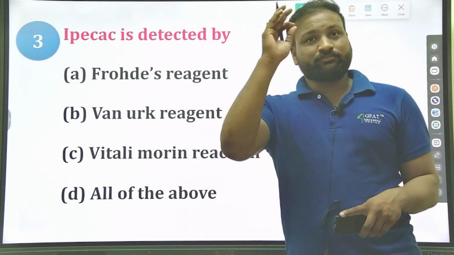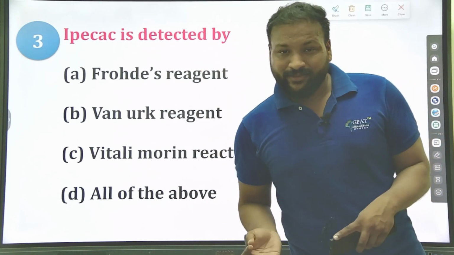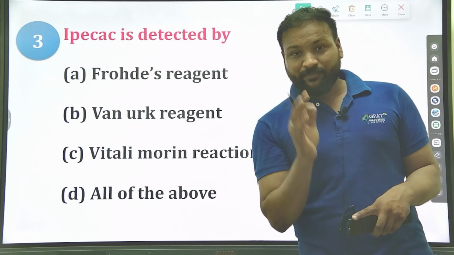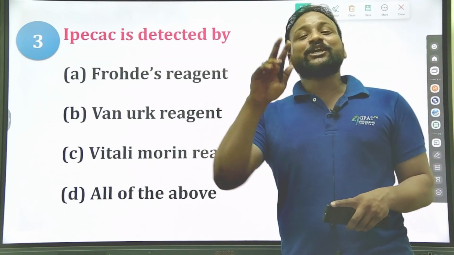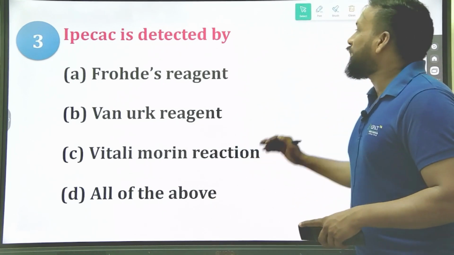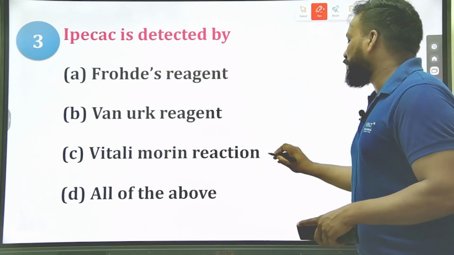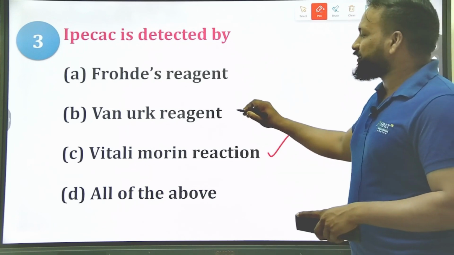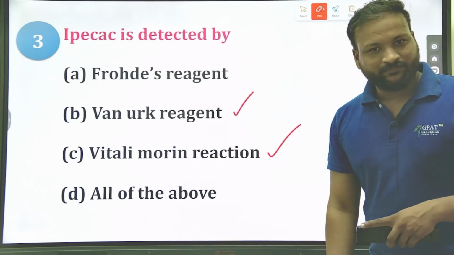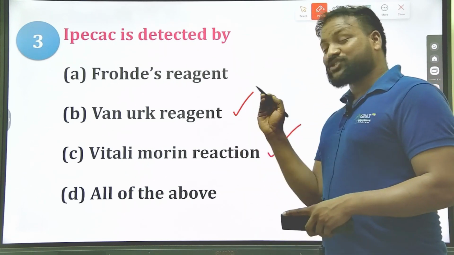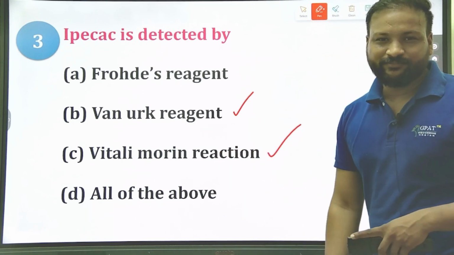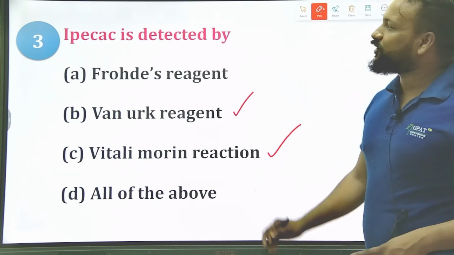If you have already completed the syllabus, or if you are good with your preparation, especially in pharmacognosy, you can easily eliminate two options here. For which compound do you perform the Vanek test, and for which drug do you perform the Vitali-Morin test? If you know that, you get the answer.